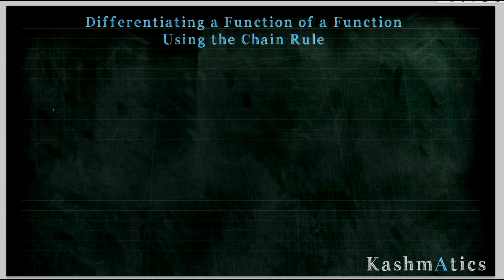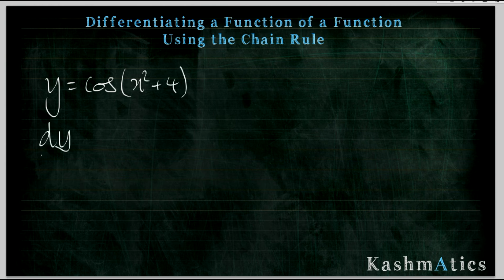So let's say we had something like y equals the cos of, let's say, x squared plus 4. Now if I want to work out what dy by dx is, so if I want to do this in one go, and I'll tidy it up afterwards, all I've got to think is, what does cos something become? Cos something just becomes minus sine something.